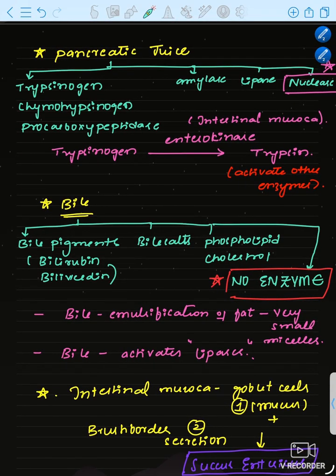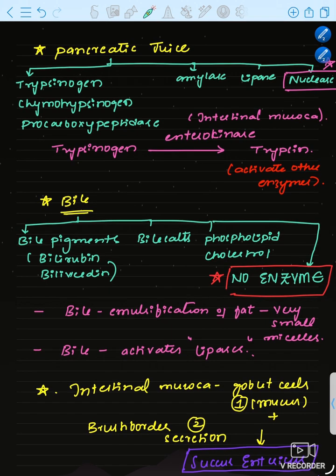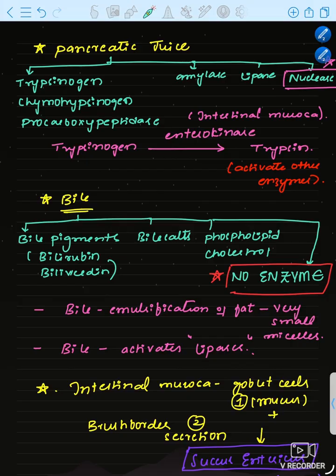Pancreatic juice and bile juice are released in the small intestine, but the enzymes are different. Intestinal enzymes are different, pancreatic juice enzymes are different. First, pancreatic juice enzyme work will happen. Remember, in the mouth mastication and carbohydrate splitting happen, and in the stomach it is protein breakdown, lipases, rennin, bicarbonate and mucus.